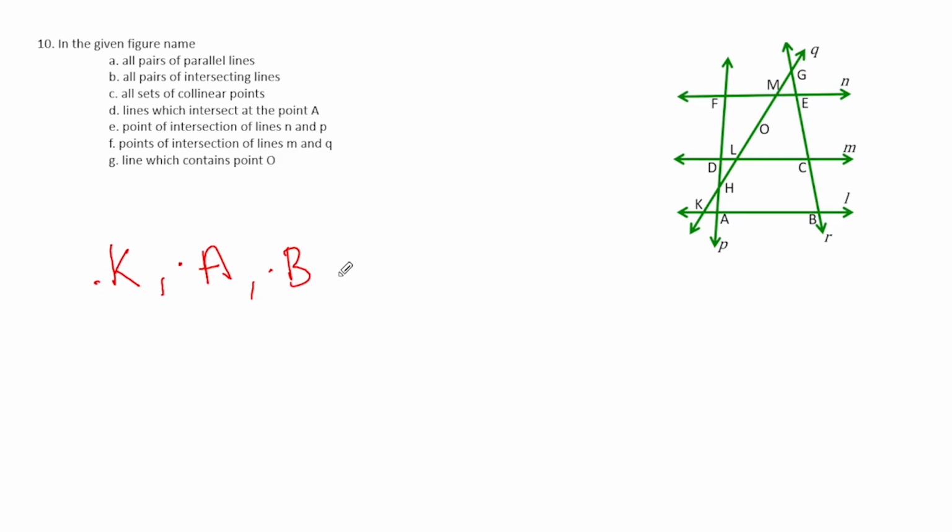Then we have D, B, L and C. So they are also collinear. Then we have F, M and E.